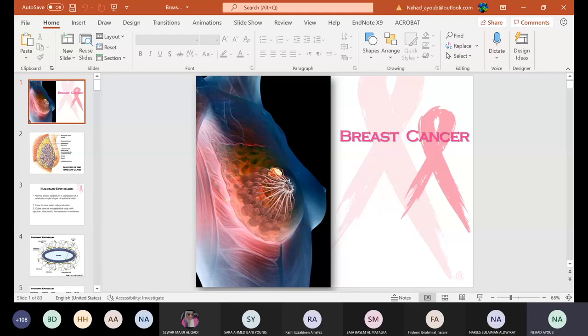Unfortunately, the main difference in presentation is that our patients usually have more advanced disease, more aggressive disease, and the median age, speaking locally, is in the 50s. Most cases come in their 50s, whereas in the US most cases are in their 60s.